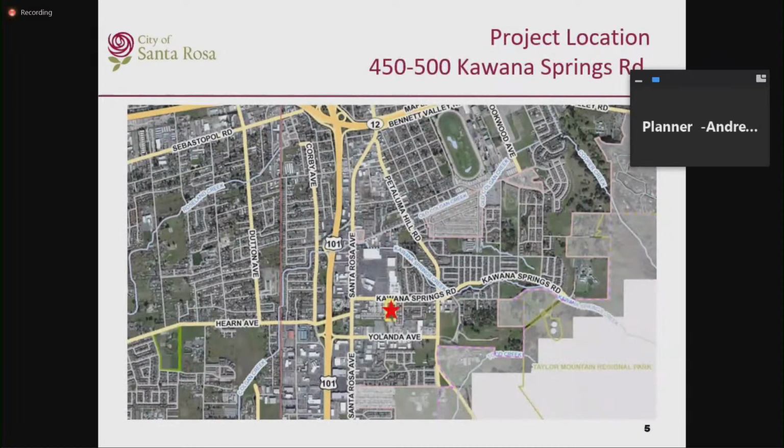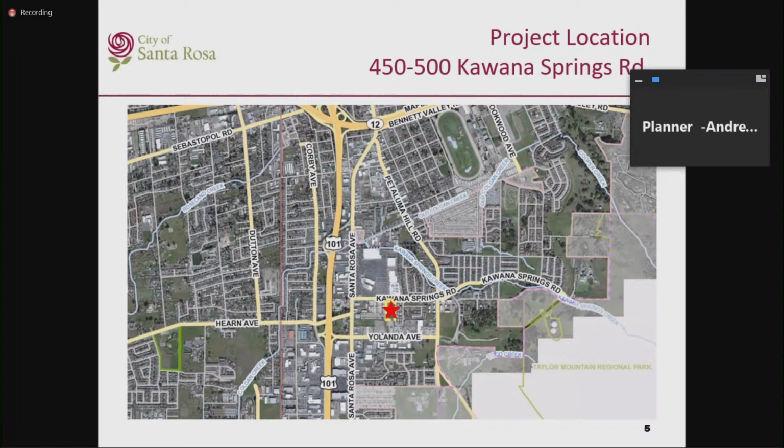So the project location is in southeast Santa Rosa, approximately 2 miles from downtown Santa Rosa. It's in an area that has experienced previously existing residential development but is experiencing some new residential development as well, particularly on the southeast corner of Kiwanis Springs Road and Petaluma Hill Road. It's close to Highway 101 and Petaluma Hill Road corridors.